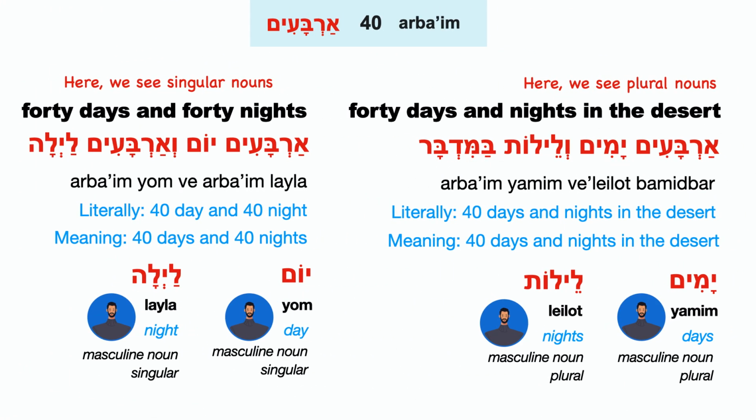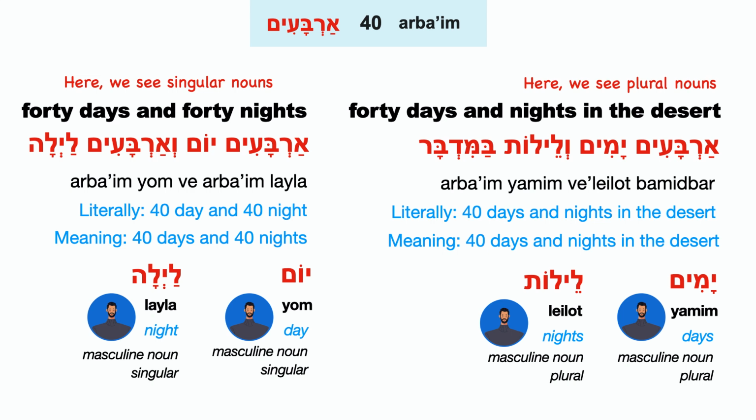Now let's see some more examples. So this time we're going to use the words days and nights. So on the left side, we read 40 days and 40 nights. 40 yom ve-40 layla. So literally that's saying 40 yom, 40 day, ve, that means and, 40 layla, night. So literally it's saying 40 day and 40 night.